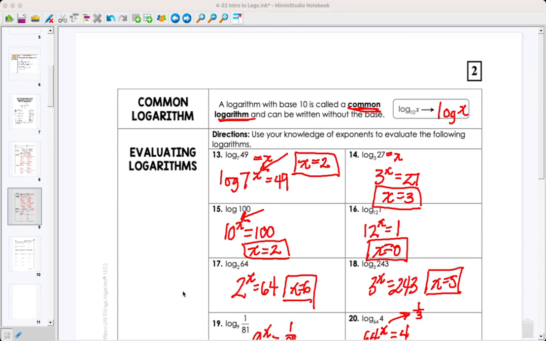So we're going to type our button that says log, which is over here by the number 7, and it was 64. You have to close your parentheses. If you don't, you won't get the correct answer. And you're going to divide by log of 16. We find the value of our x to be 1.5.